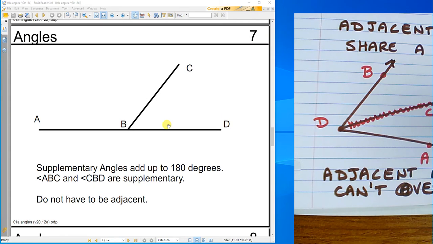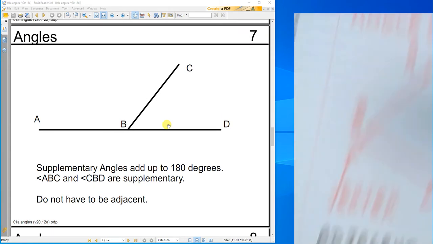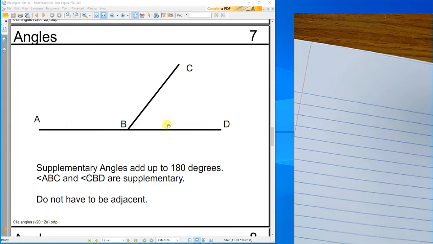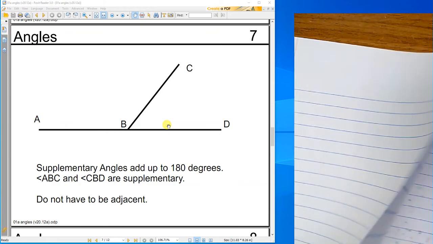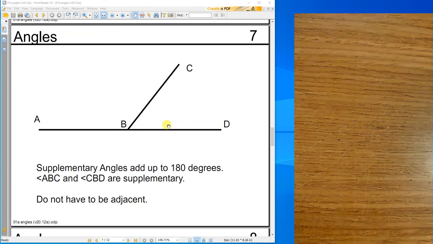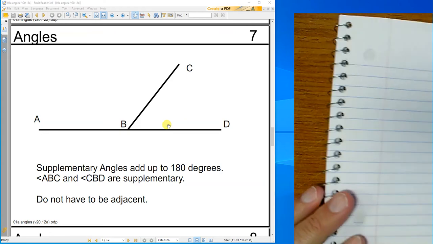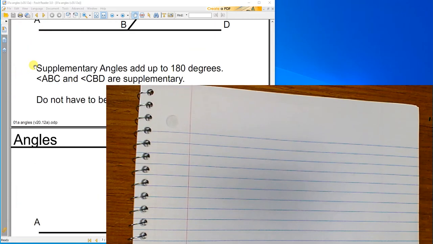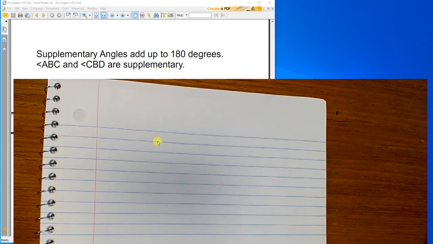Okay, supplementary angles add up to 180 degrees. So we'll add that to the notes. Supplementary angles add up to 180 degrees.